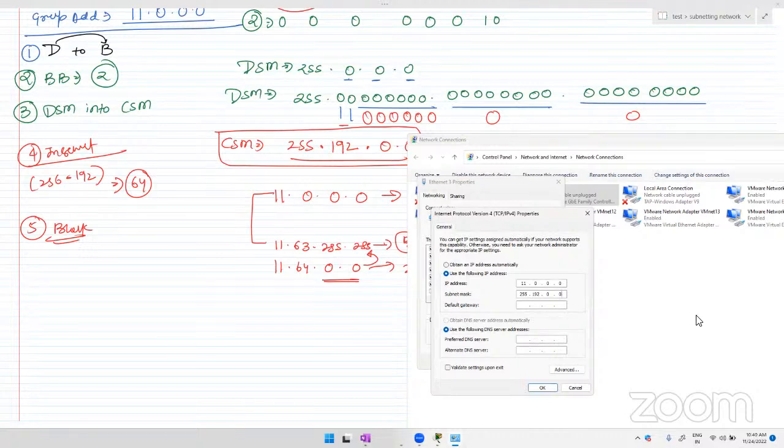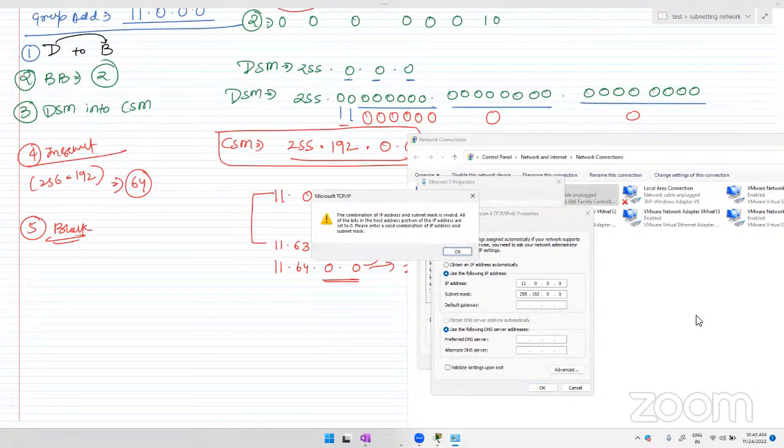Is it possible to assign the network address to a PC, laptop, printer, or devices? No. If you try to assign it, we get an error. Read the error, dear: the combination of IP address and subnet mask is invalid. So if you assign the network address or broadcast address on your end devices, we get an error.